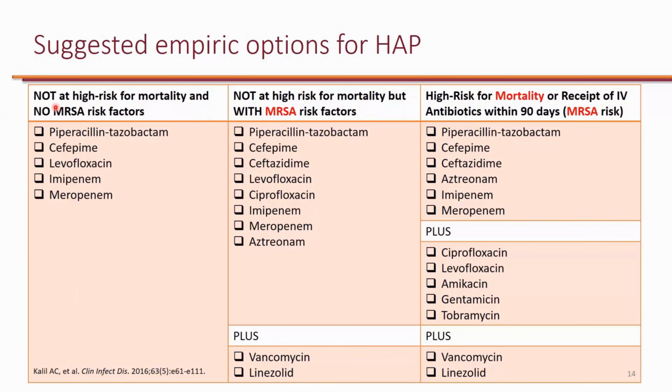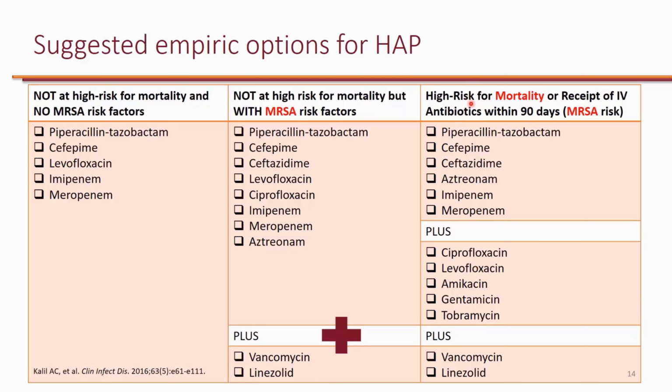So if someone has HAP and is not at risk for mortality and has no risk factors for MRSA, they can receive a single one of these agents. These agents will cover Pseudomonas as well as MSSA. Whereas if someone is at risk for MRSA, but not at risk for mortality, they can receive one of these agents for Pseudomonas, plus either vancomycin or linezolid to cover MRSA.